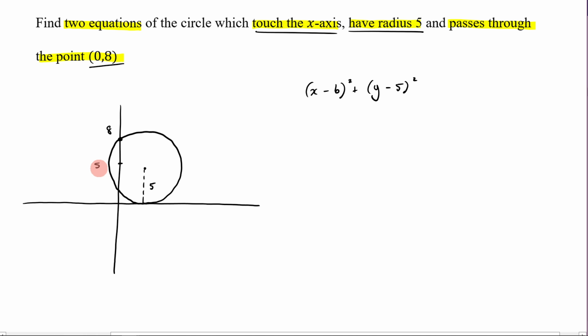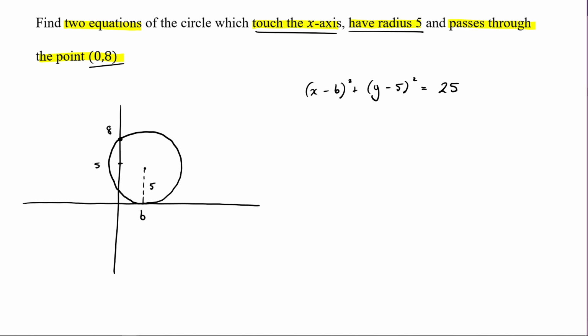The thing has been shifted 5 up, and it's been moved to the right a bit. And I know that this is going to be 25 because that's just the radius squared. What I need to figure out is what this value here is. Let's call it b. I need to figure out what b is. Now, pause, see if you can think about it.